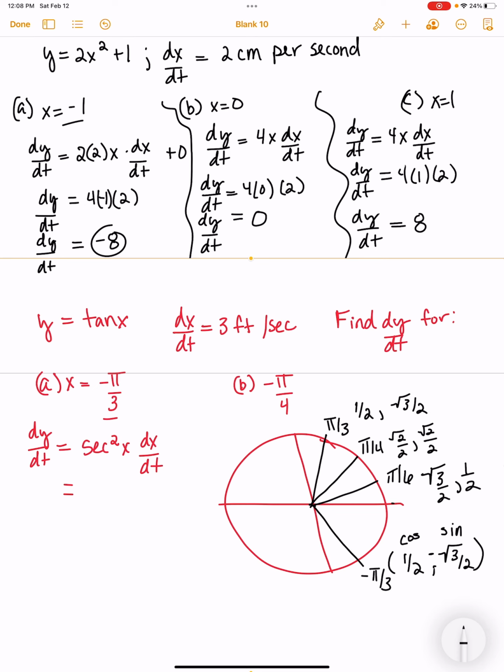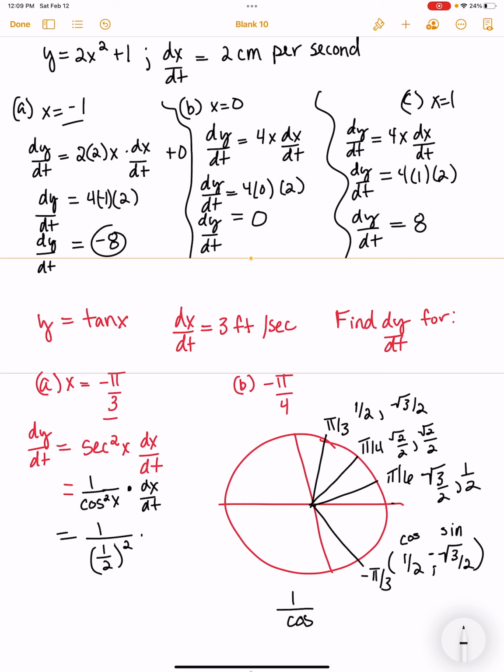So I found this really helpful. If we have secant, what does secant go with? Secant is the reciprocal of cosine. So if we do 1 over cosine squared x, that's the same as secant squared x, right? Times dx/dt. Well, now we know what cosine is. It is 1/2 squared. That's what this is down there, right?